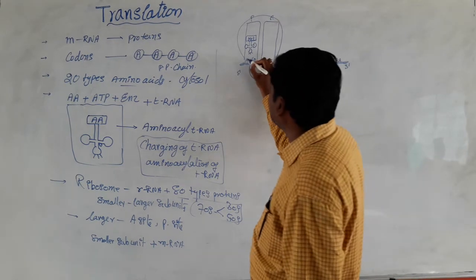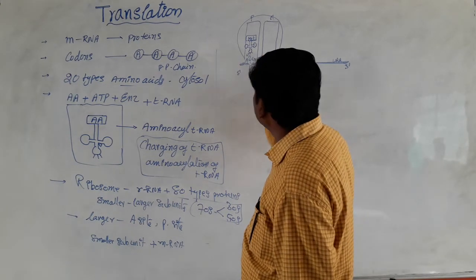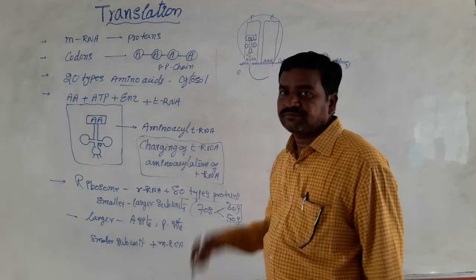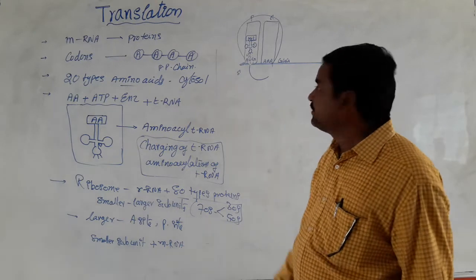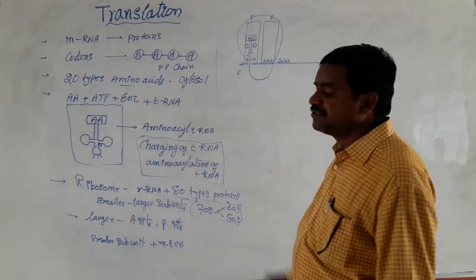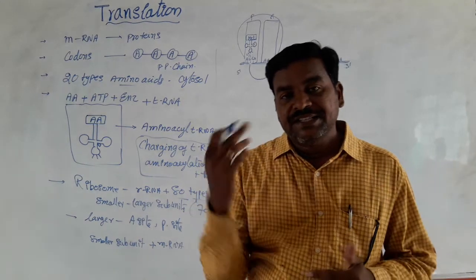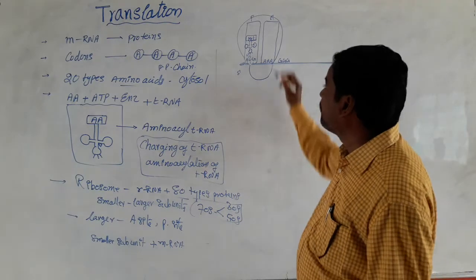A is complementary with U, U is complementary with A, and G is complementary with C. In this way this tRNA is attached with the AUG codon at the P site. Now this complex is called the initiation complex.